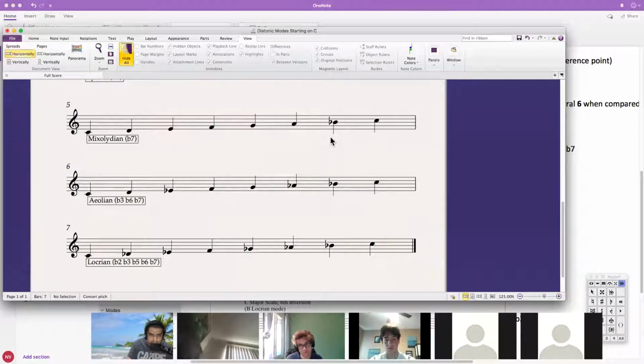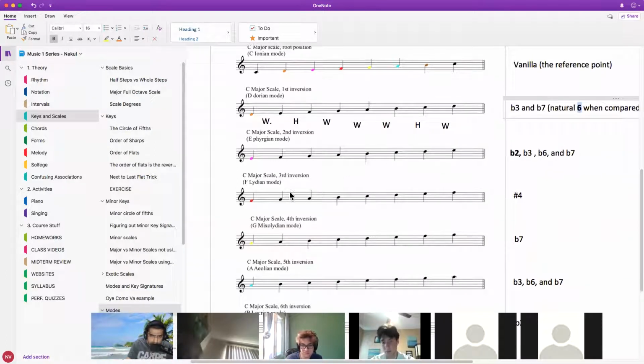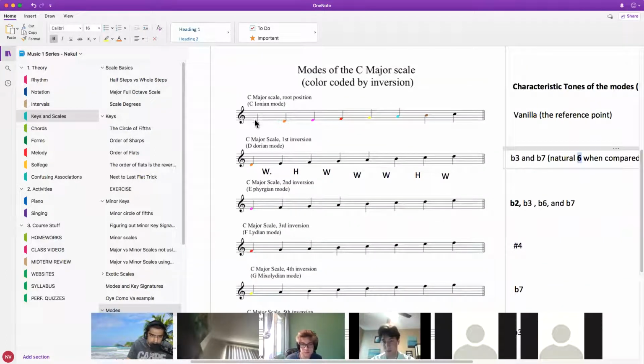I'm sorry, Jushan, I'm not correctly pronouncing your name. He made a good comment in the chat. This is an alternative way to look at the modes. You're not looking at them all starting on the same pitch. You're just looking at them as inversions of the scale.